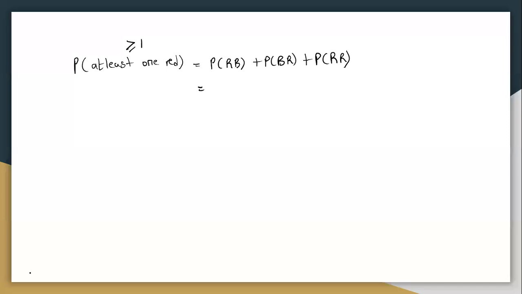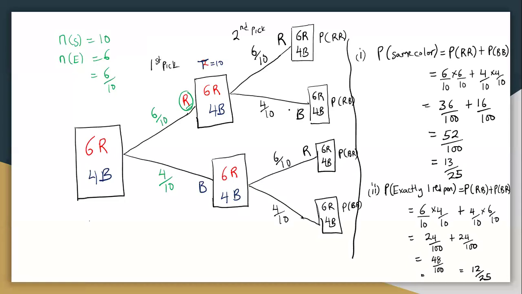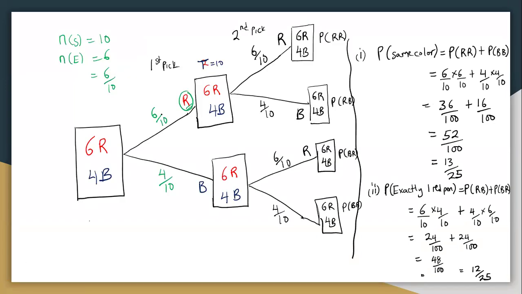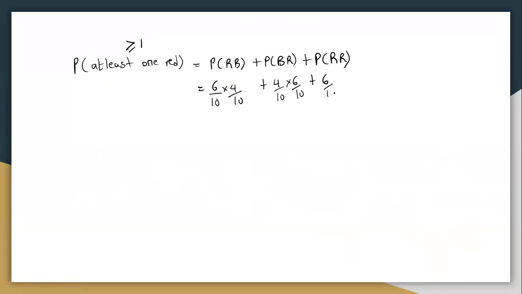Red and blue is 6 out of 10 times 4 out of 10, plus 4 out of 10 times 6 out of 10, plus red, red: 6 out of 10 times 6 out of 10.